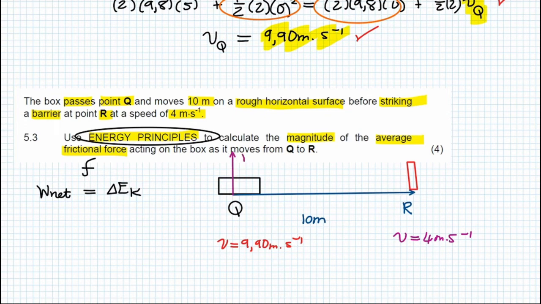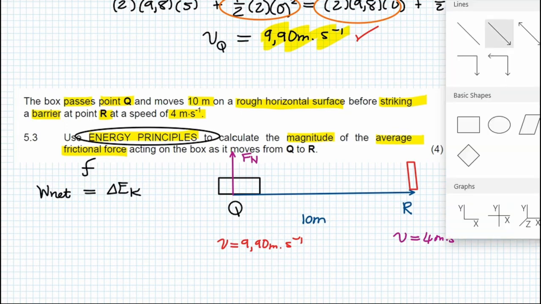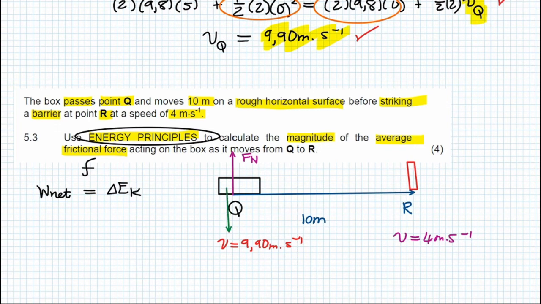Firstly, this object is on a surface and it will experience a normal force as a result of the surface. Then there's going to be the downwards Fg, because this object has mass. We're going to label this Fg.